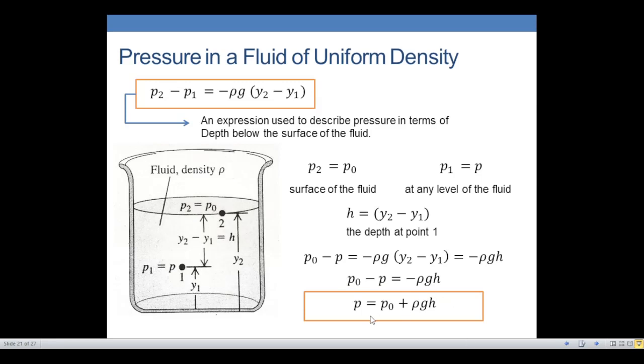That is why we have this quantity, P sub 0, in this equation. If we look at this expression, it is similar to the formula we discussed earlier: the total pressure is equal to the atmospheric pressure plus the gauge pressure. This is just the same expression.